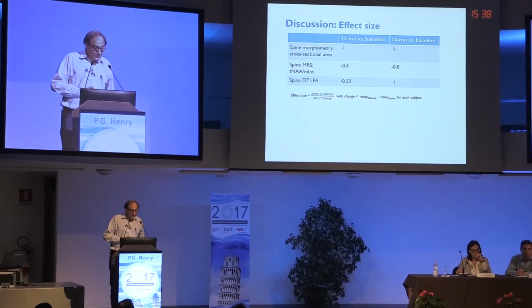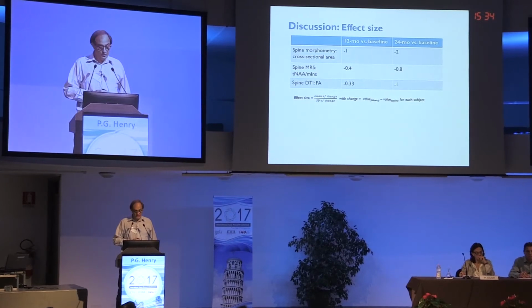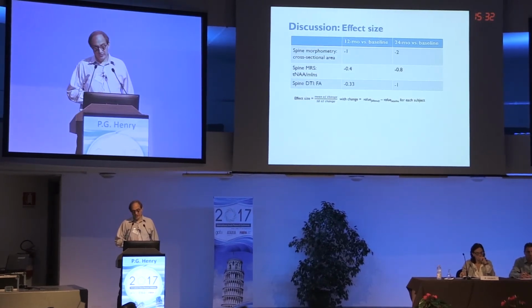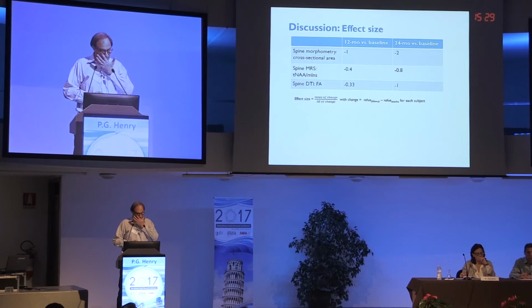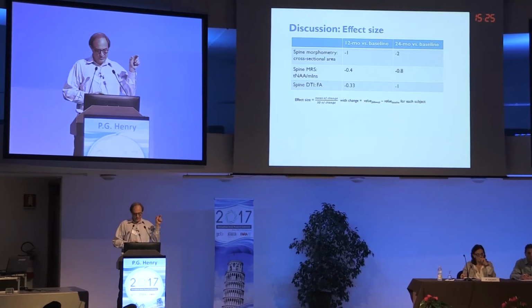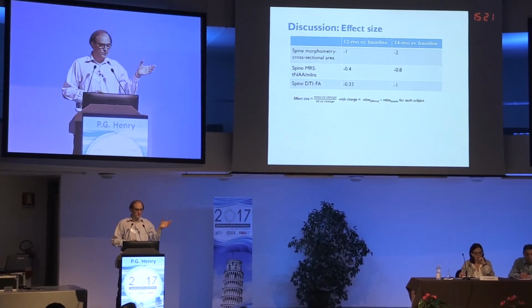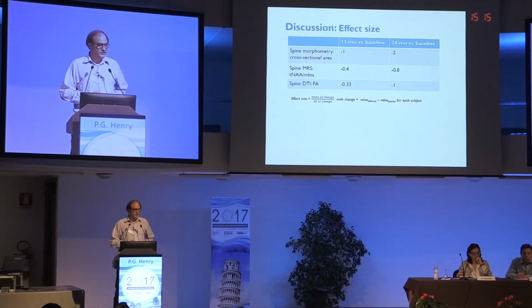And the spectroscopy and the spine diffusion have effect sizes around 0.3, 0.4 at 12 months and 0.8 to 1 at 24 months. To calculate the effect size, for each patient we took the difference of the value at 24 months, for example, minus baseline, and then we took the average of the differences divided by the SD of the differences.